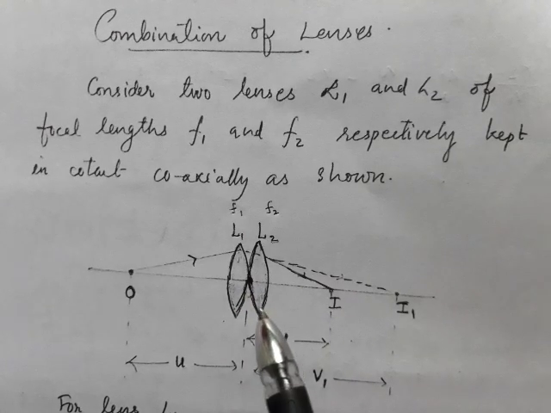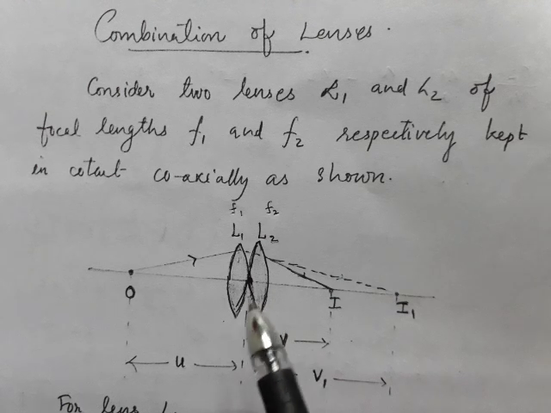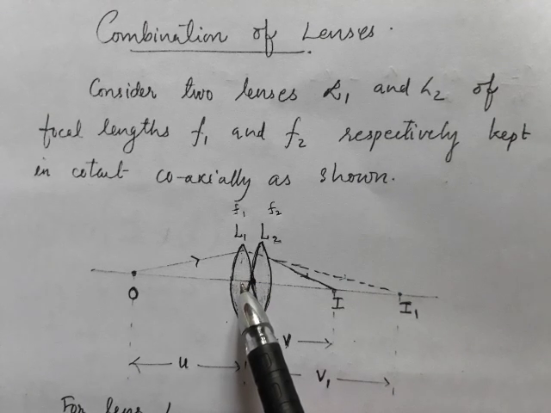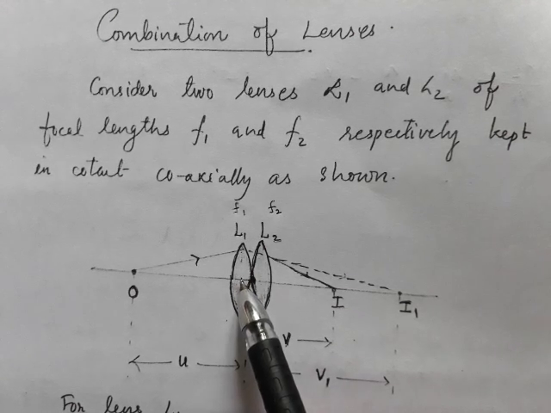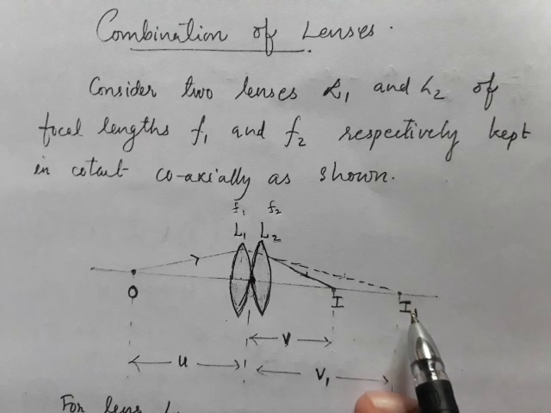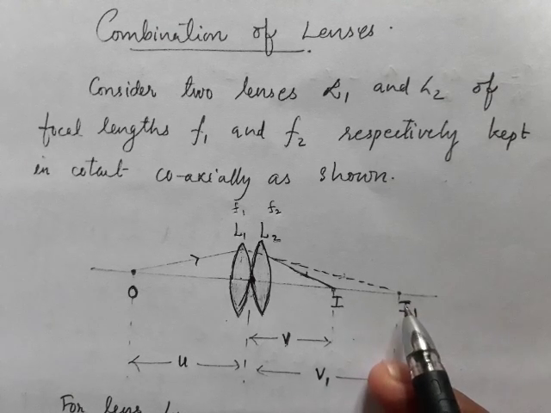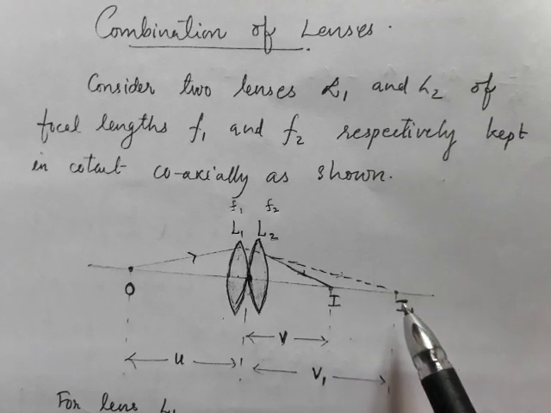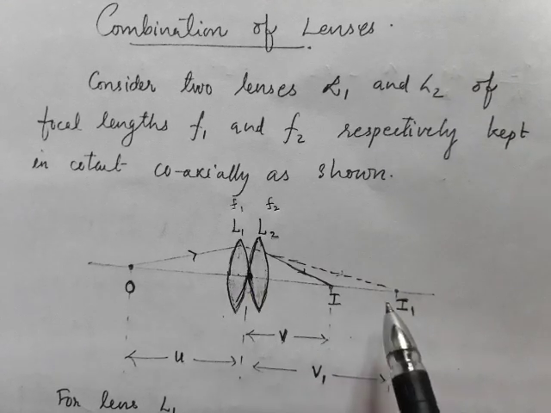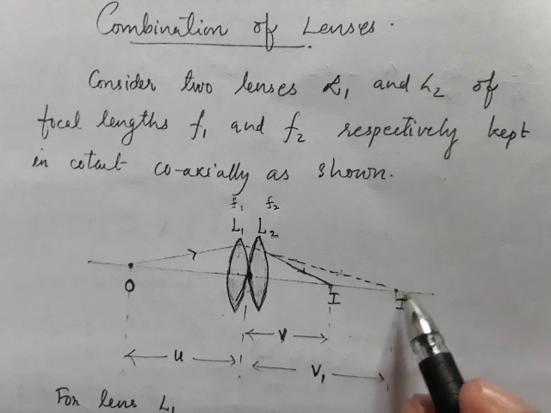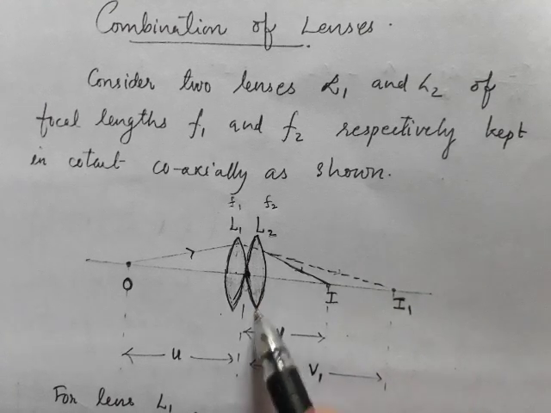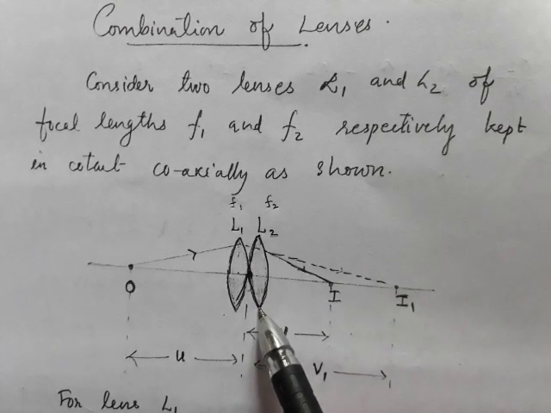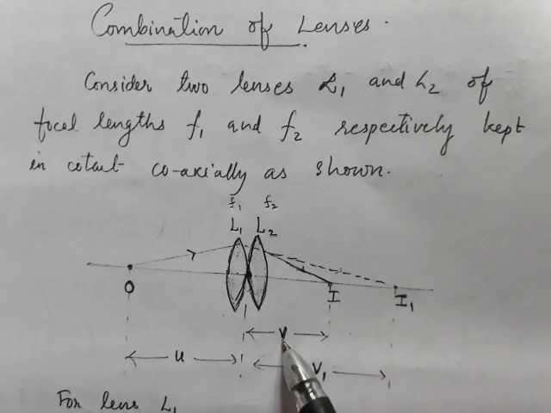And as we told in the last class, the first lens L1, this produces an image. We know this is a convex lens, so it has to produce an image. That image is at a distance v1, and that image is I1, which is a virtual image. So this is a virtual image created by L1, and this virtual image acts as object for the second lens L2, and the L2 lens gives an image I at a distance v.